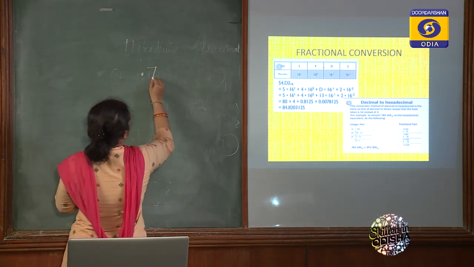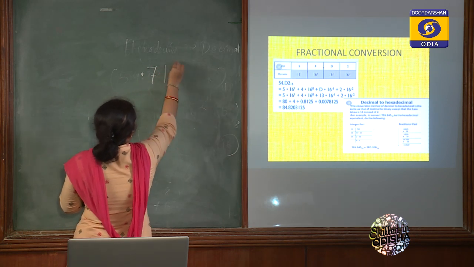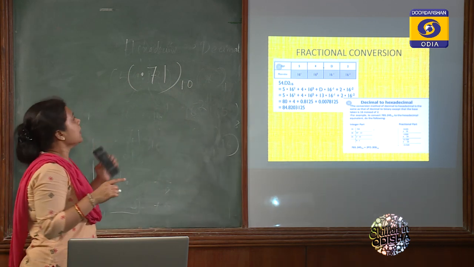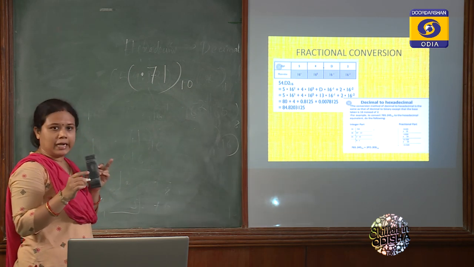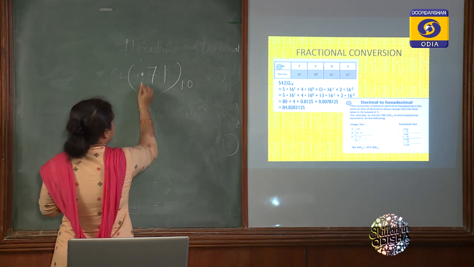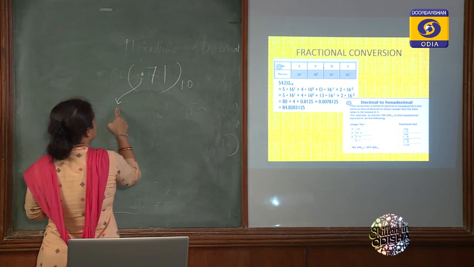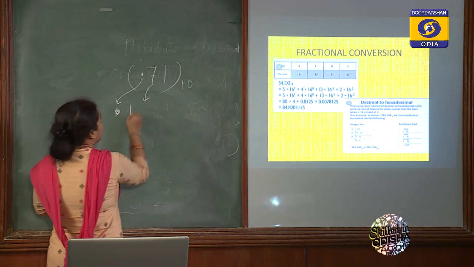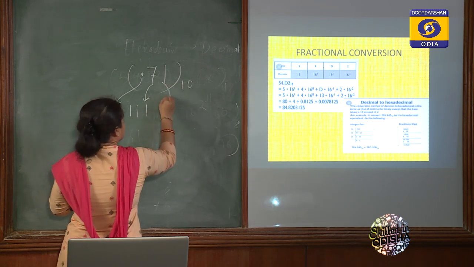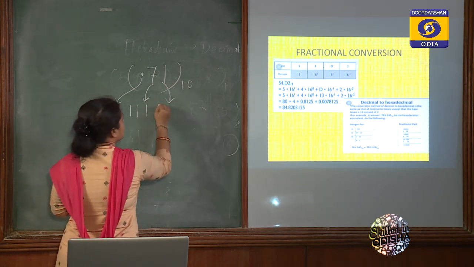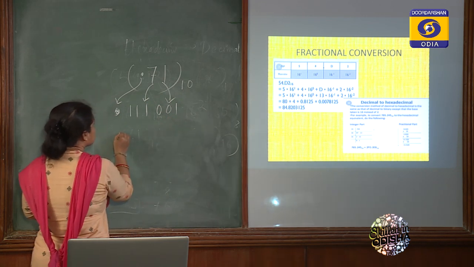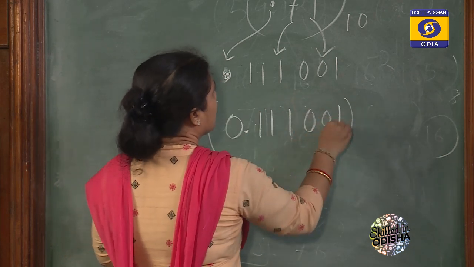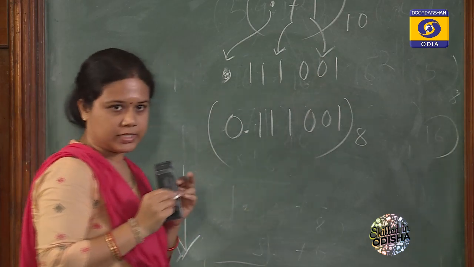Suppose one decimal number is 71, and I have to convert it into an octal number. The point remains the point. Then 7 in octal means 3 bits, so 111. For 1, another 3 bits, so 001. Our final answer is 0.111001, the equivalent octal representation.